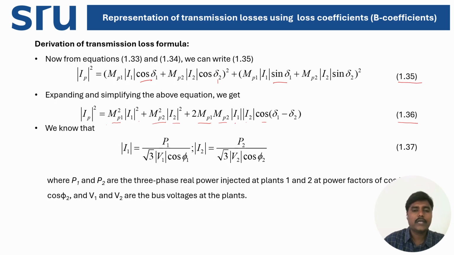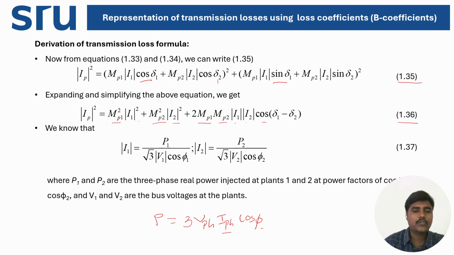So we know that in the three-phase system, the three-phase power can be expressed as 3 V phase I phase cos phi. This is the general formula that we saw many times in so many courses, where V phase is the phase voltage, I phase is the phase current, and phi is the angle between the phase voltage and phase current.